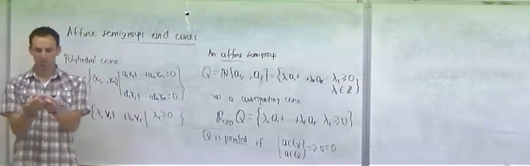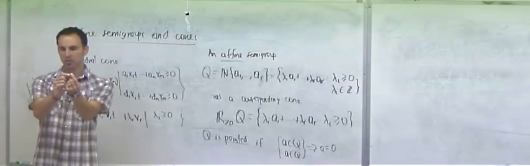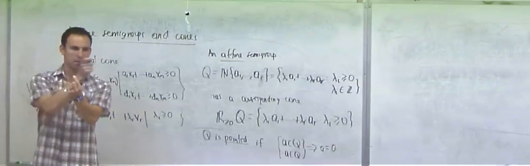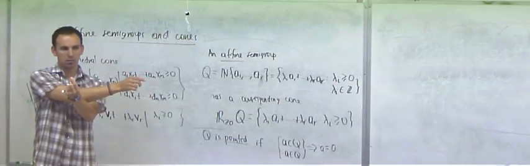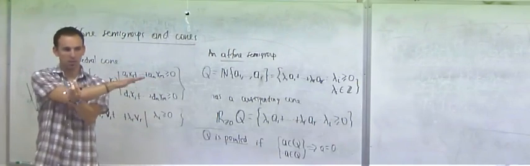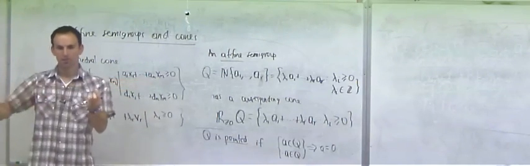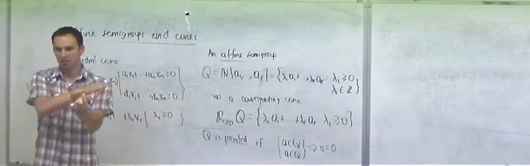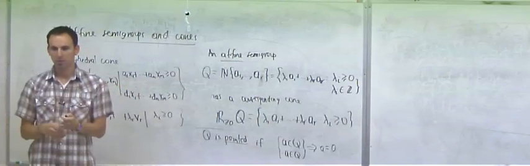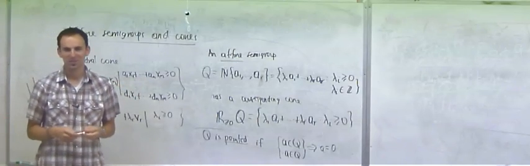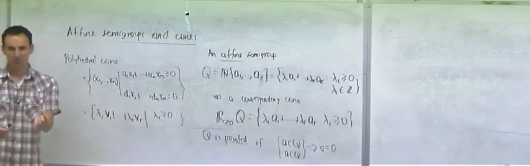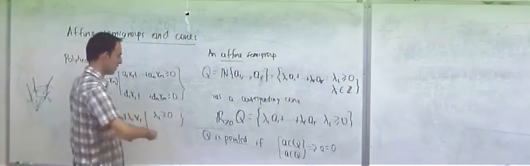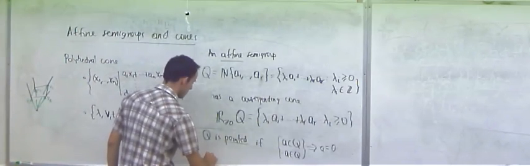I'm saying that if I have the origin here, then I shouldn't have both A and minus A. If I had A and minus A, then I could take all their combinations and get this whole line. And so another way of thinking about this is that this cone doesn't contain any lines. In other words, it looks more like a cone because it has a point. That's why it's called pointed. Okay, so this means containing no lines.